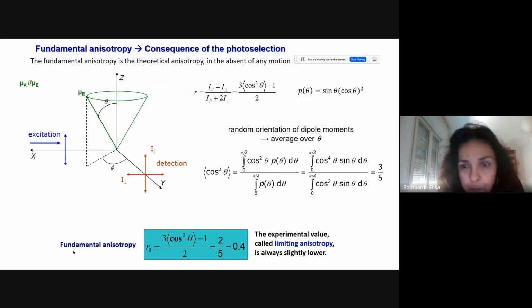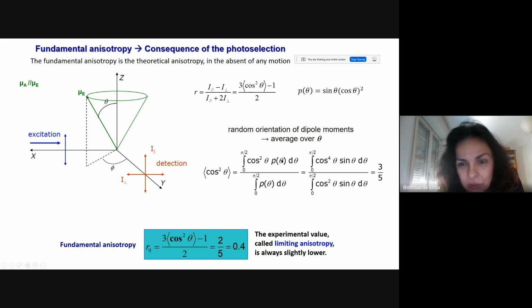So if we put everything together, this was the anisotropy expected from a molecule oriented with an angle theta, and that is the probability of getting the molecule oriented with an angle theta. So we just average to have the average value that we will observe, weighted by the probability of getting the molecule with this angle.